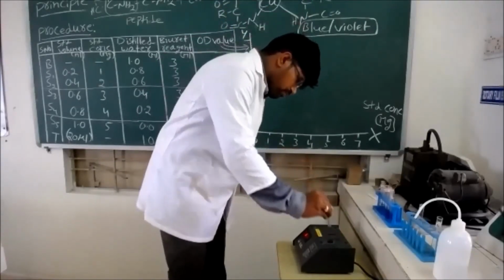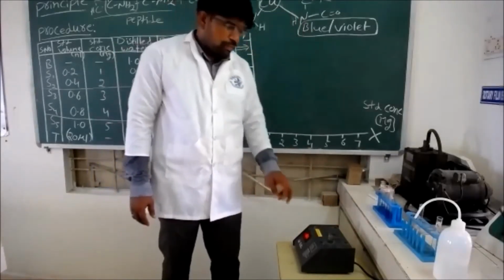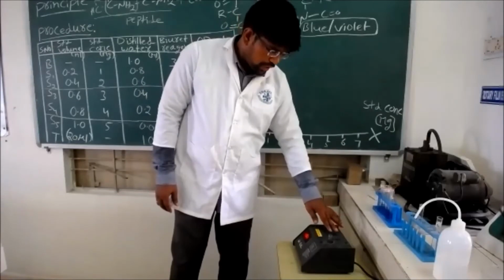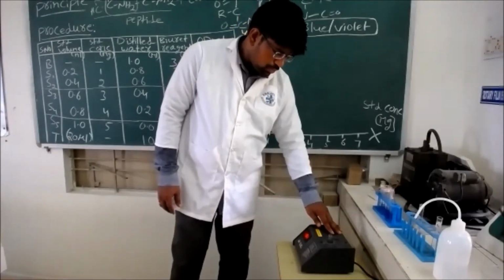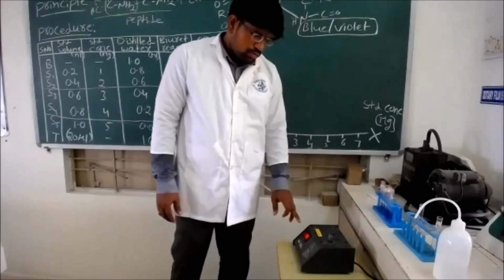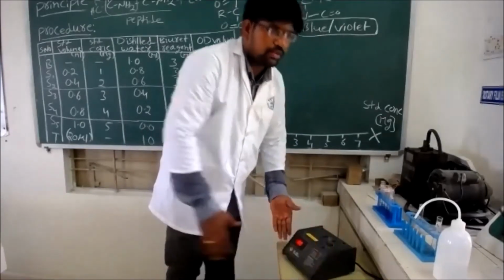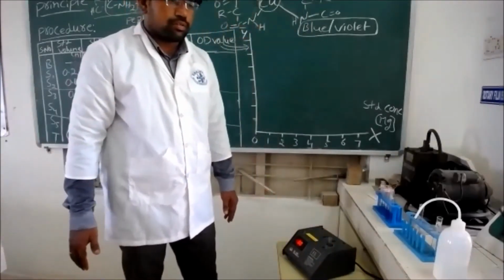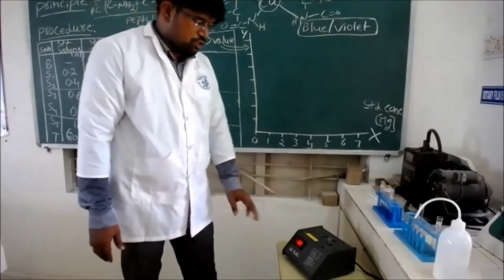Then keep the blank tube in the sample feeding knob and adjust to 0.00 by adjusting the adjustment knob. In this way you auto zero the instrument.